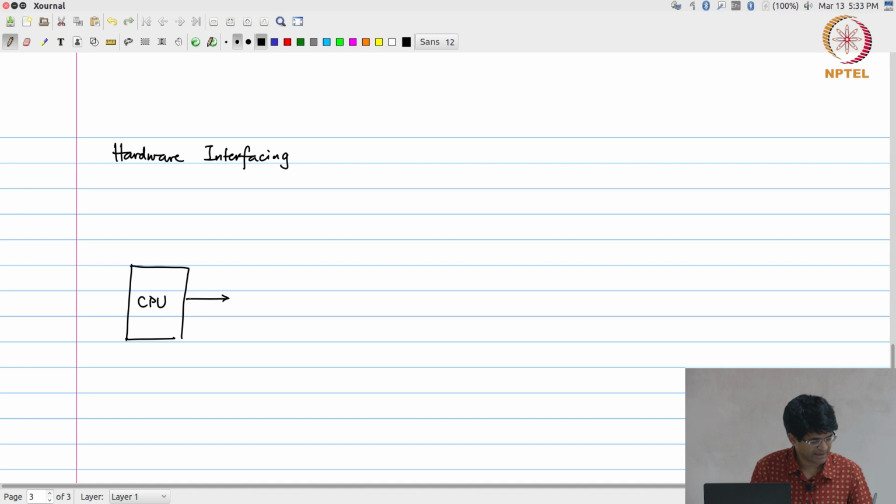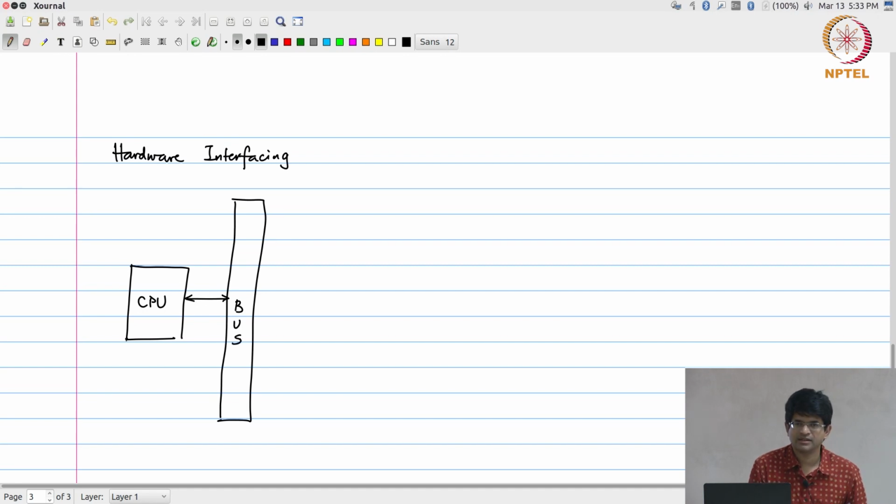There is something that I am going to call a bus. And what exactly is this bus? Is it just a collection of wires, or is it something more than that? That is something that we will need to spend a little bit more time on later. But for the time being, all that we care about is it is the way by which we connect things together.